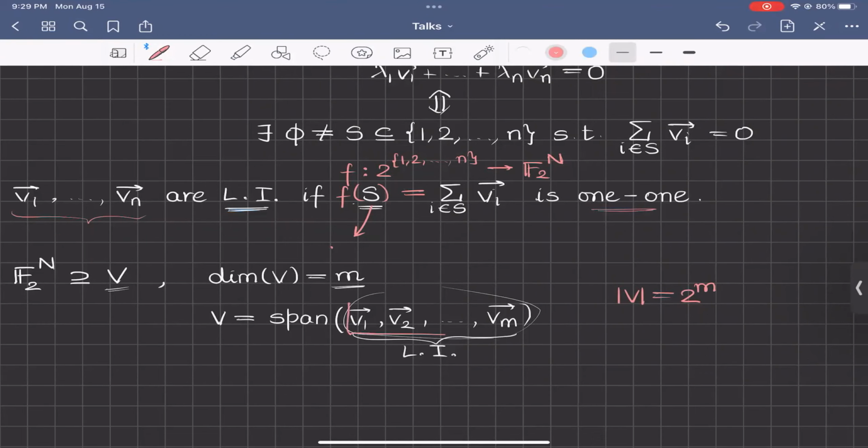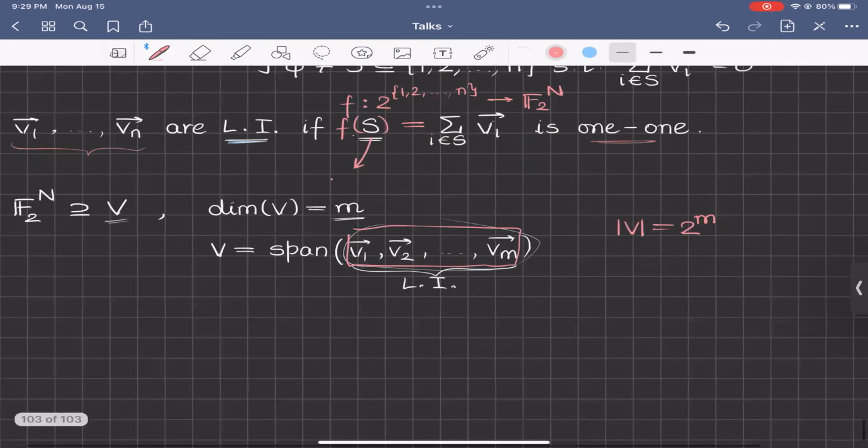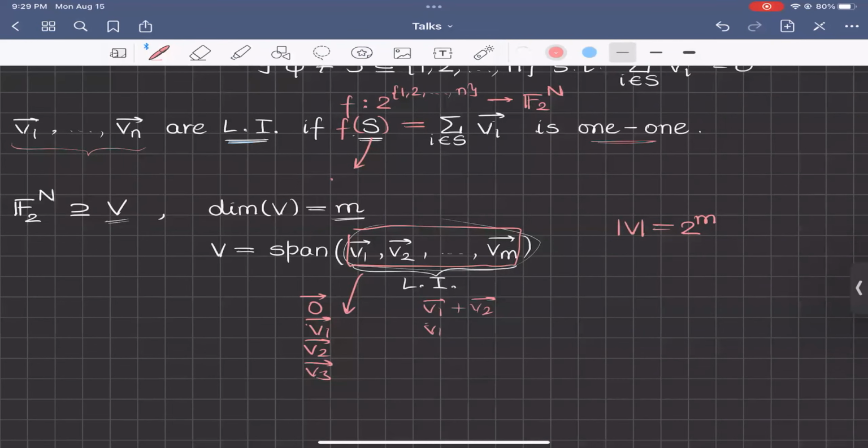What do you mean by all of them are distinct? So basically, if M is 3, for example, then all 8 linear combinations are distinct. No two can be equal. Yes.